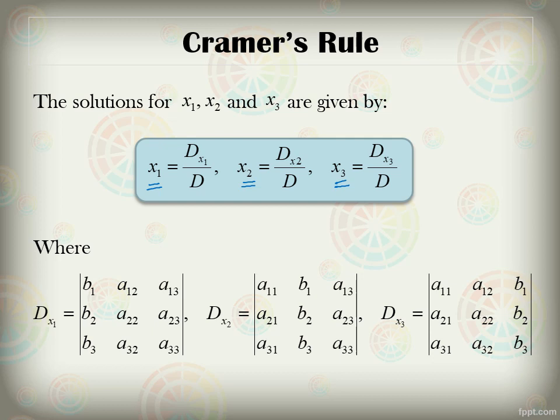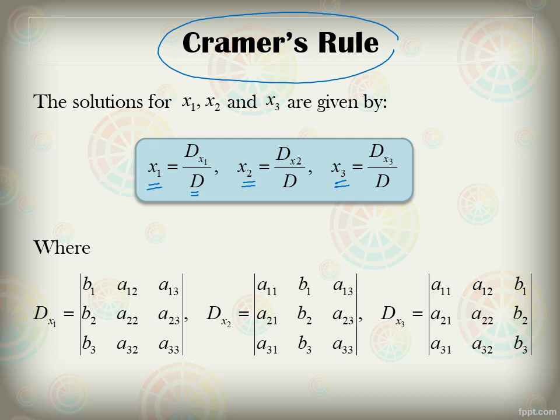The formula that we will use, that we call Cramer's rule, is the determinant of the unknown x1, which means the column x1, over the determinant of matrix A. Just now we denoted our determinant of matrix A by capital D. So it is the determinant of the element divided by the determinant of the matrix.